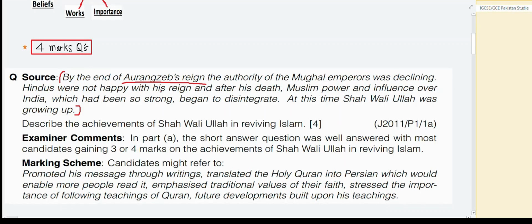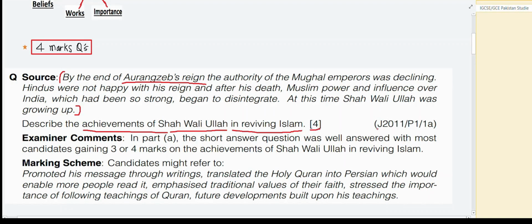Hindus were not happy with his reign, and after his death, Muslim power and influence over India, which had been so strong, began to disintegrate. At this time, Shah Waliullah was growing up. Now the question is: describe the achievements of Shah Waliullah in reviving Islam. This is worth 4 marks.